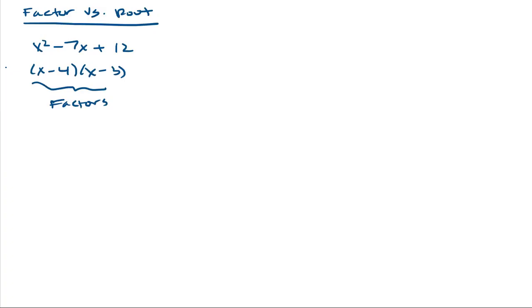Now, when I set this same trinomial, x squared minus 7x plus 12, equal to 0, we get x minus 4, x minus 3 equals 0.